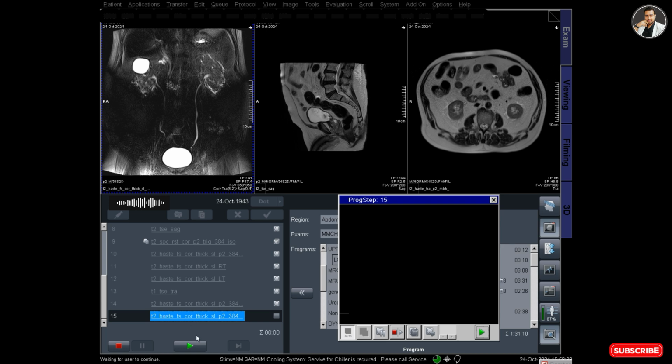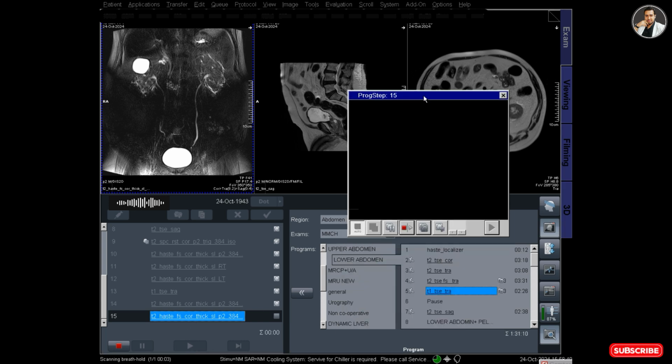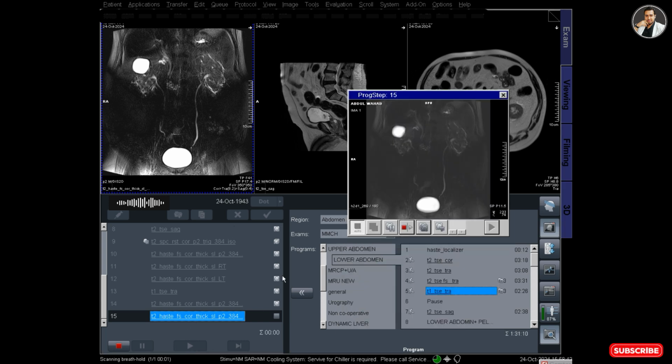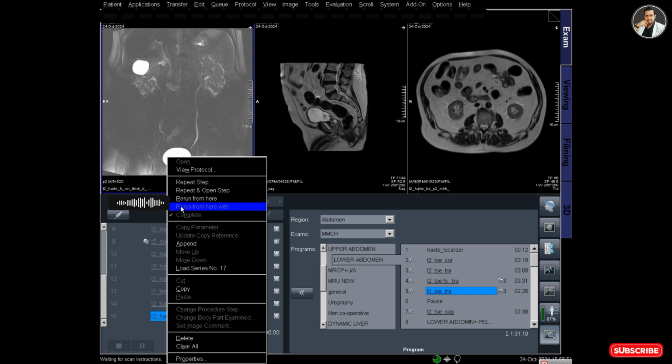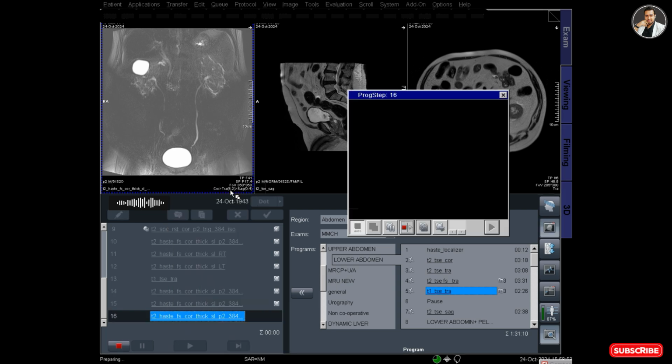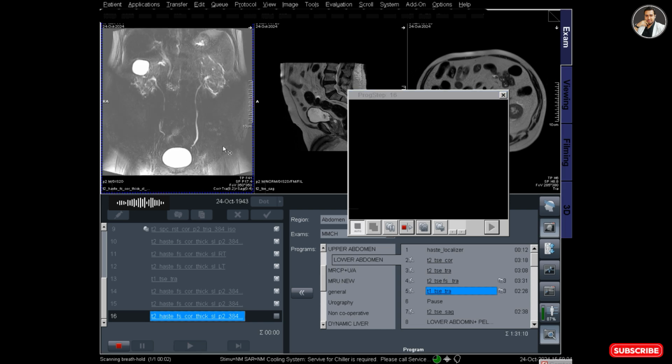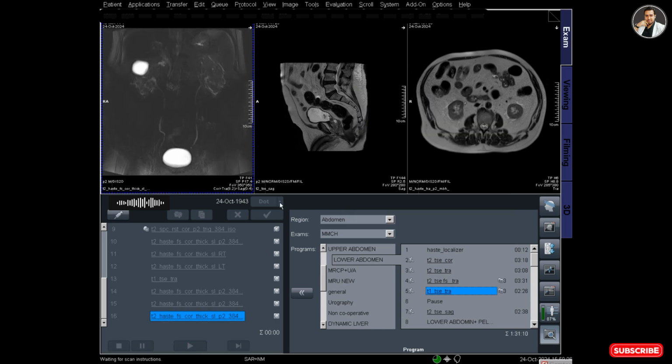And I am again taking this coronal. So I repeatedly take this Hest coronal multiple times because after IV saline is administered, urine starts to go through the ureter to the bladder, and I take the T2 Hest thick slice multiple times.